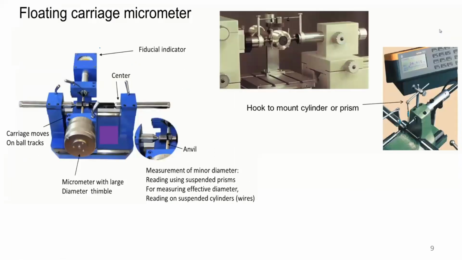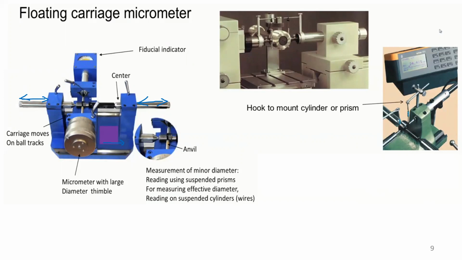So this is called a floating carriage micrometer. It has a base made of cast iron, and it has centers. These centers can be moved in and out to accommodate different sizes of workpieces and to hold the workpiece.